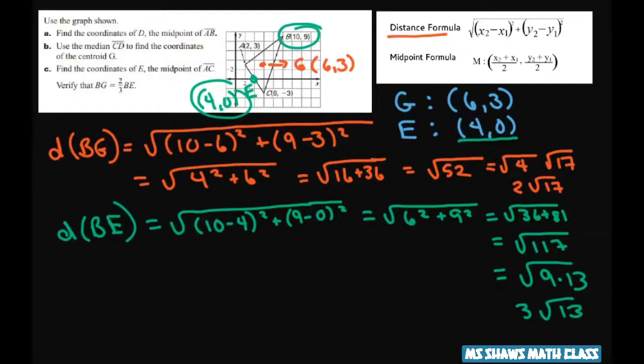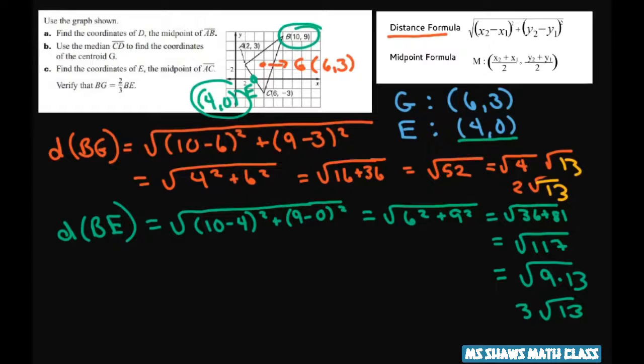And the previous one I did wrong. It should have been 4 times 13, which is 2 square root of 13. Why do I keep doing that? Okay, so 13.